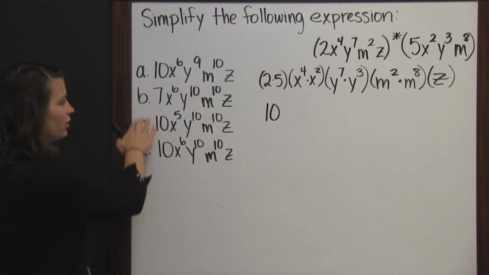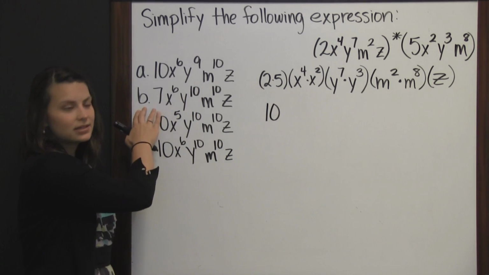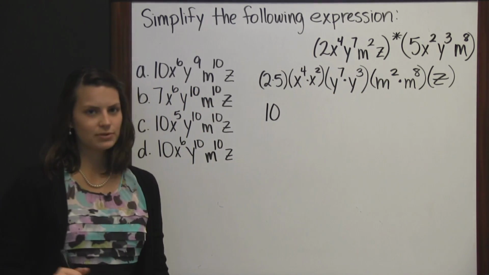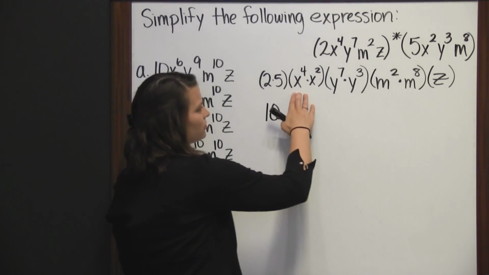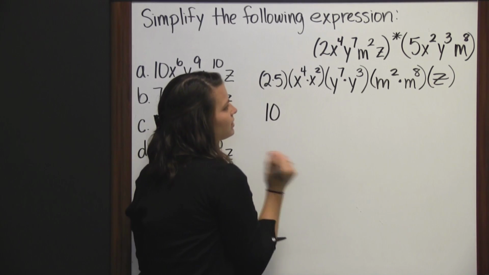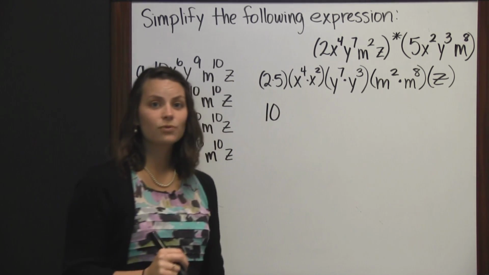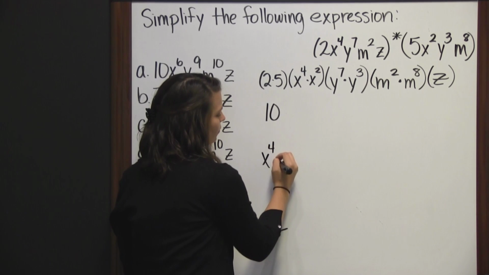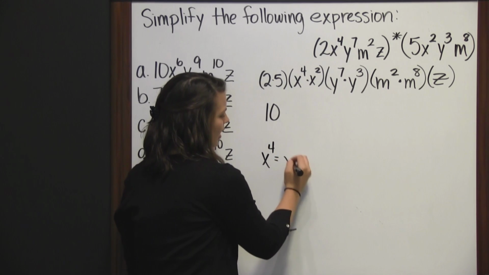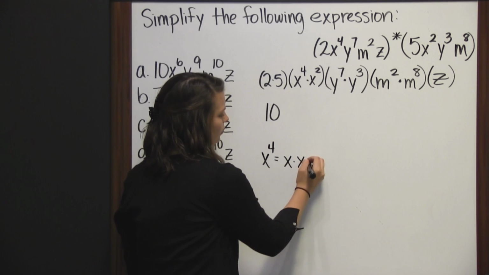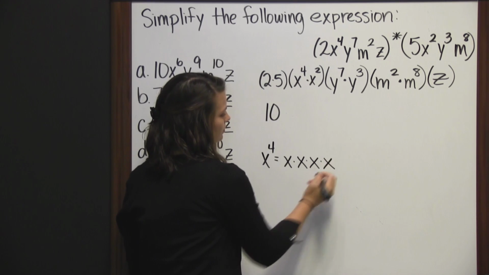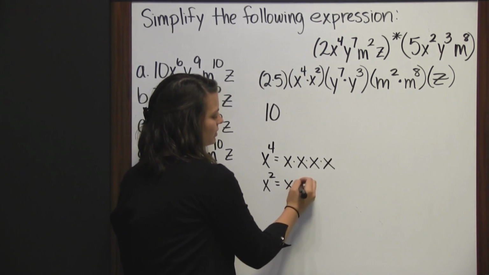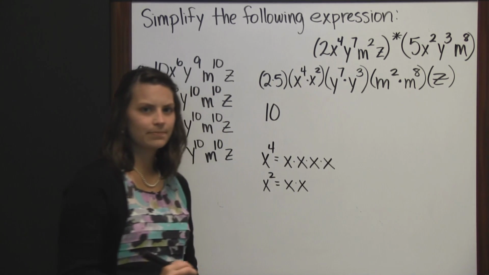And so right now you could already eliminate answer choice B because we're multiplying. We're not adding 2 and 5 together, we're multiplying. And then we get to our x's, x to the 4th times x squared. X to the 4th means x times itself 4 times, while x squared means x times itself 2 times.